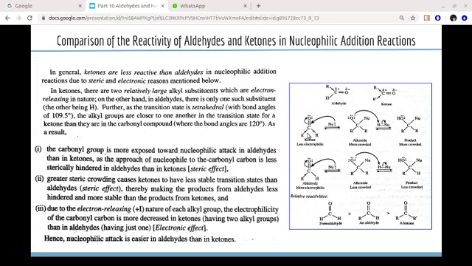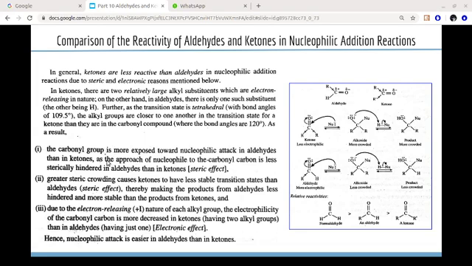So this carbon will be less electrophilic, as electrons are released here due to the two alkyl groups. The positive charge on the electrophilic carbon will decrease due to the electron releasing effect, so it will become less electrophilic.